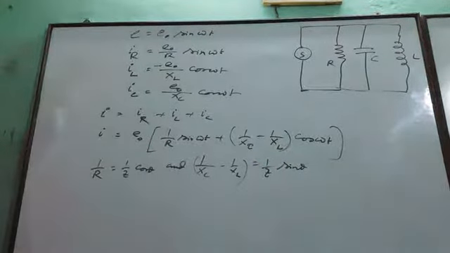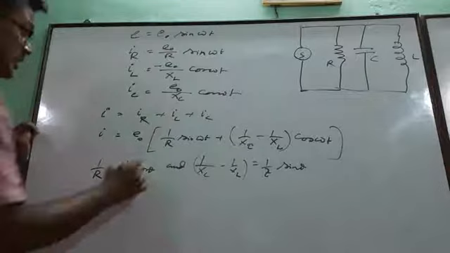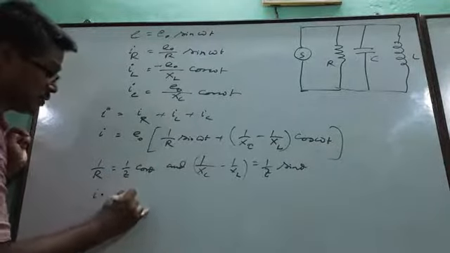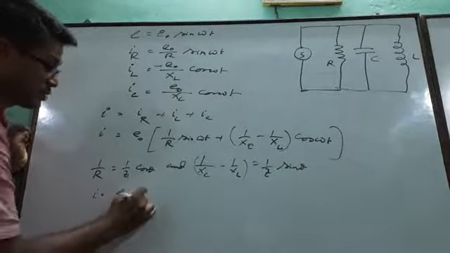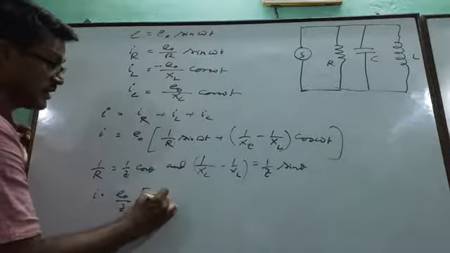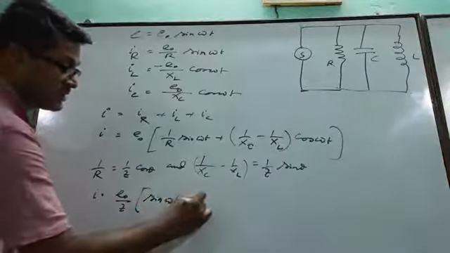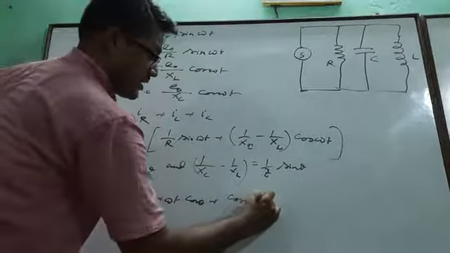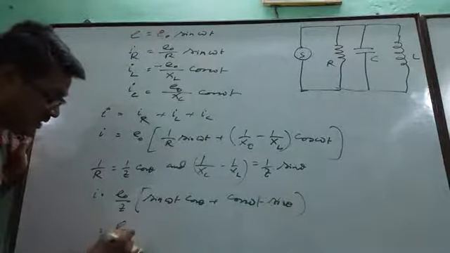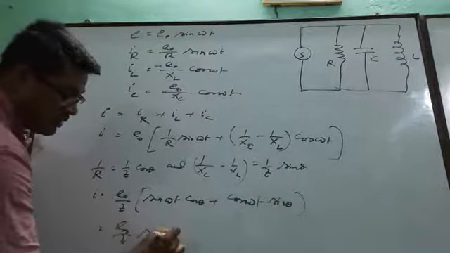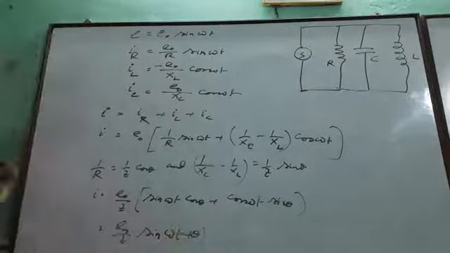I am considering that. So what will be the result? I equals E naught by Z, I am taking it out, then sin omega t cos theta plus cos omega t sin theta. So here it is E naught by Z sin of omega t plus theta.